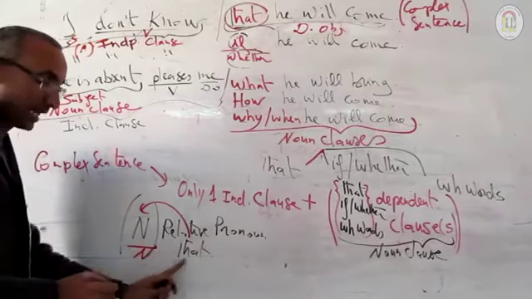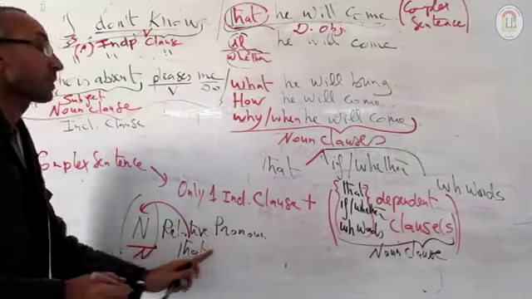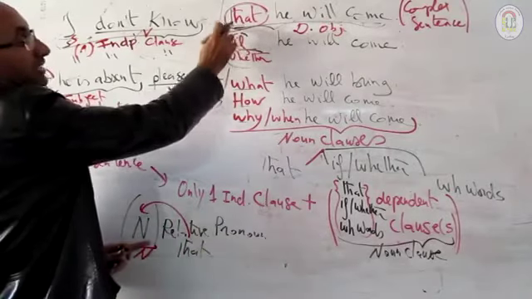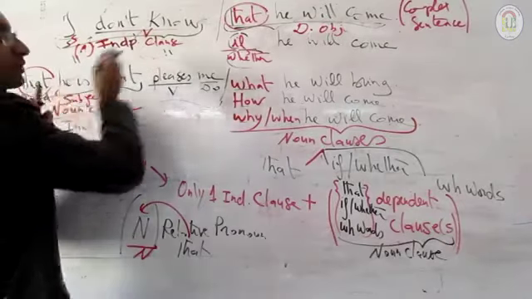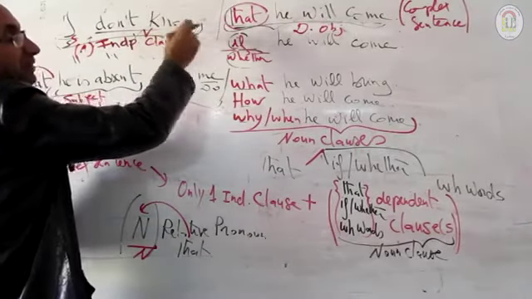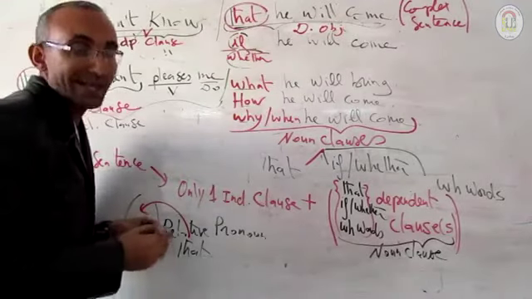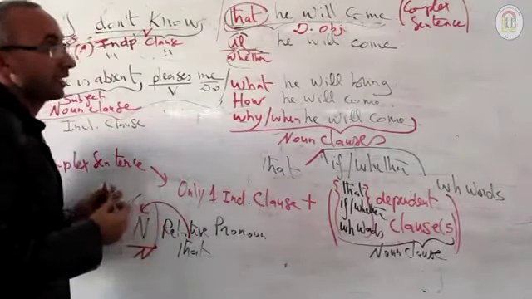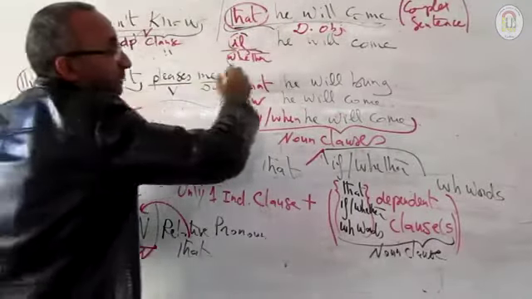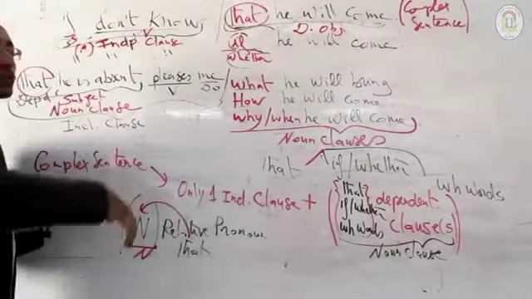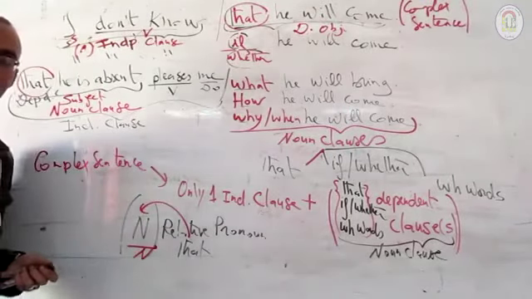Clear? Here it is a relative pronoun. But when it comes here without any noun before it, either at the beginning or before a verb or any other element but not a noun, here it is that of the noun clause, and that which joins my dependent clause to the whole independent clause to form my complex sentence.